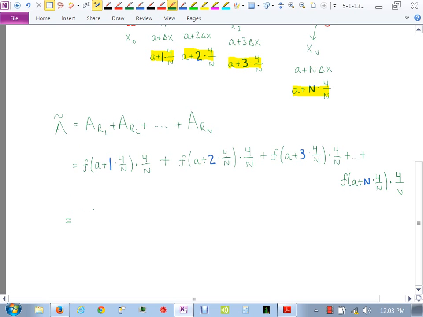I can rewrite this then as a sum from k equals 1 to n of f of a plus k times 4 over n, times 4 over n. That would add up the areas of each of the rectangles.